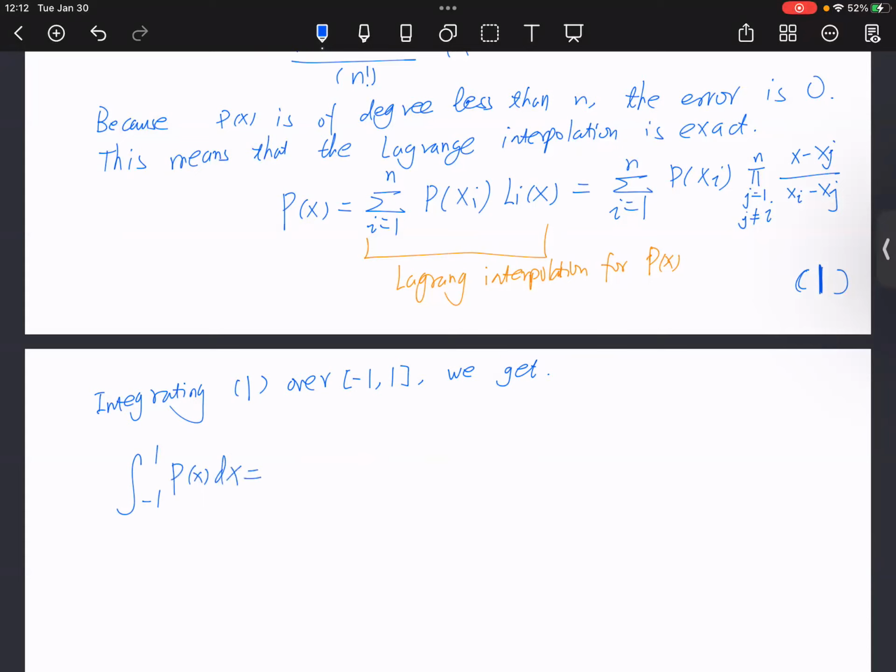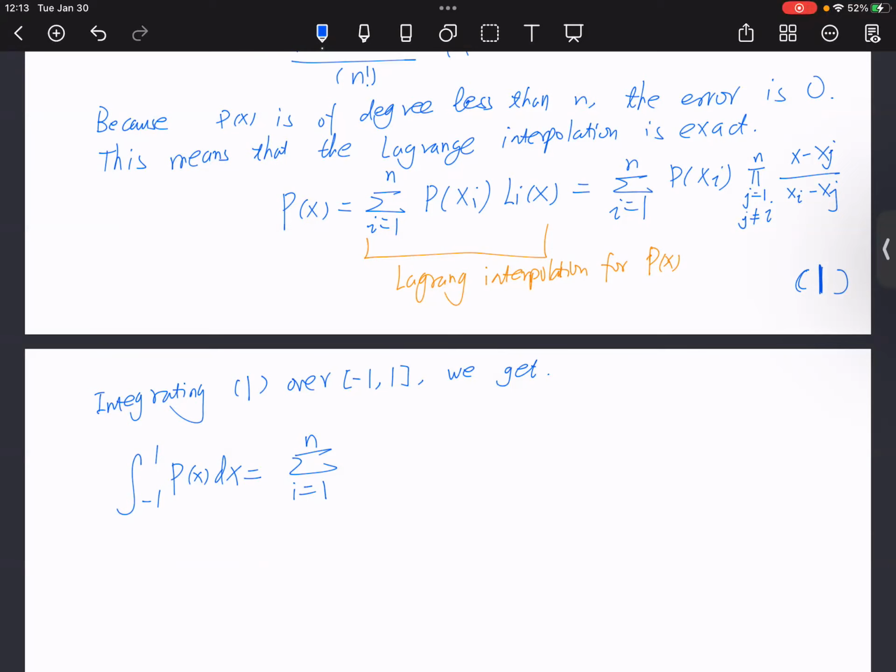On the right-hand side, the variable is just x, so p(xi) is a constant. So we can write it in this way: the sum from i equals 1 to n, because this part is just constant, so we don't need to integrate it.